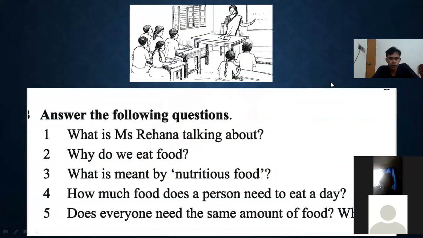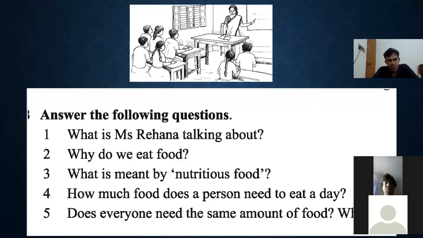Have a look. What is Miss Rehana talking about? Yes, I hope you have got the answer. Miss Rehana is talking about good food. Why do we eat food? We eat food to remain healthy, to grow properly, stay healthy.